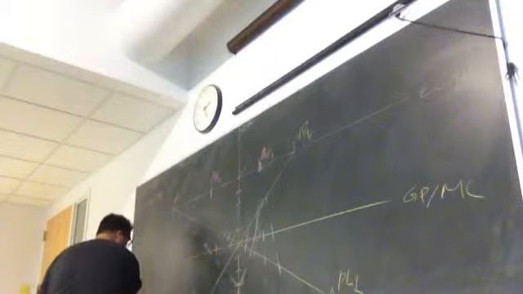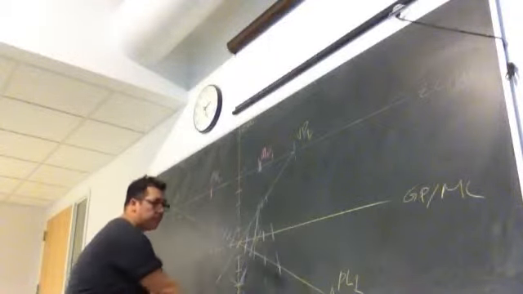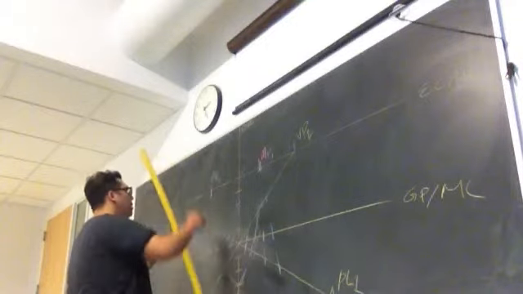Now we're going to do the same for the other side. Measuring point 2 with pipeline 2.